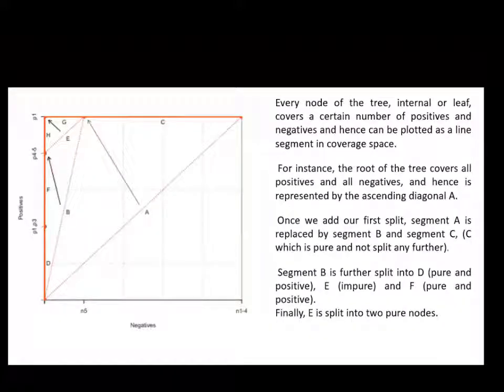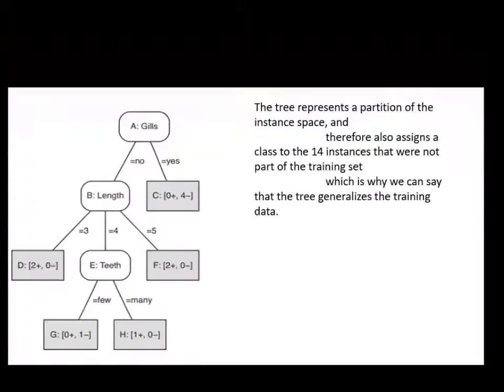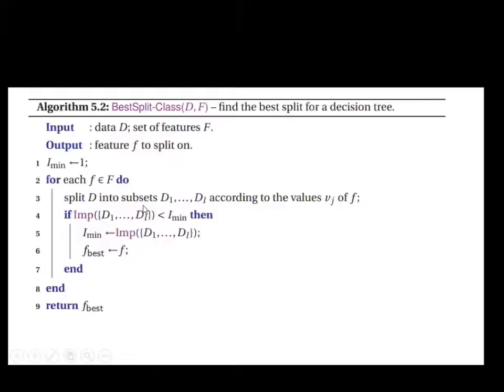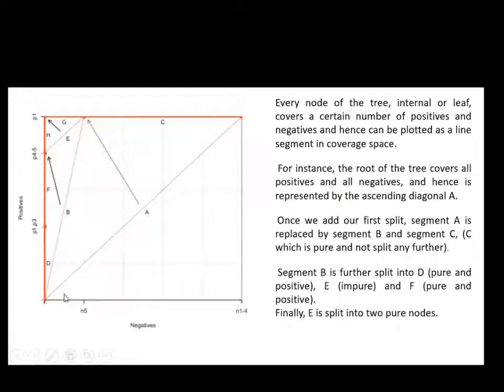Now, suppose we have finally made a decision tree. This is A, my dear friends. If we plot a graph for A, B, C, D, E, F, G, H, it looks like this.